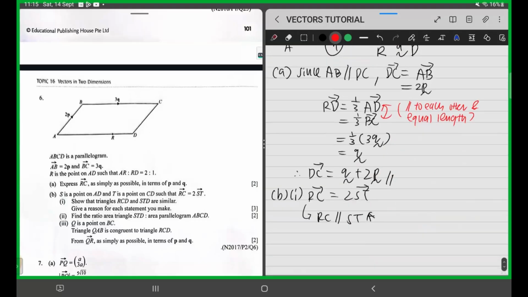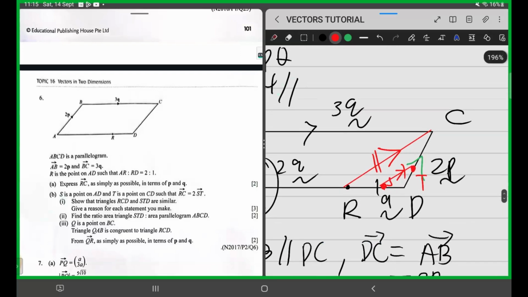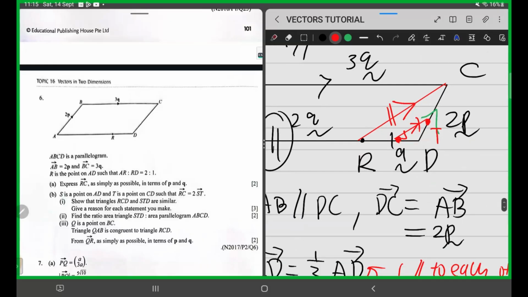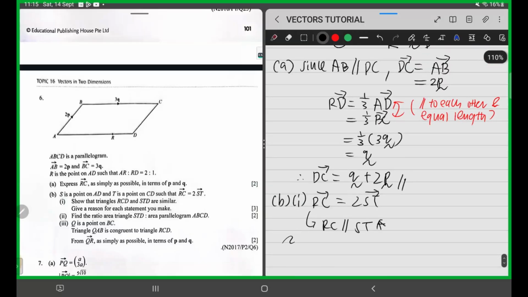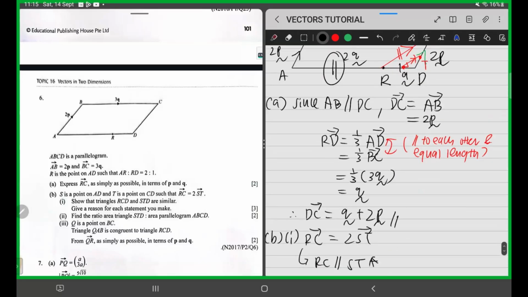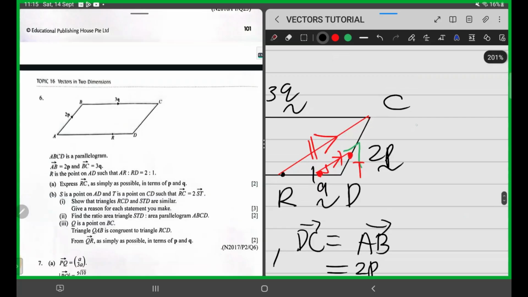So they say, hence, show that RCD, the big triangle over here, and the small triangle STD are similar. Okay, so now go back to your similar triangles chapter. How can you show that they are similar? Okay, I'm just gonna answer II over here so that we can see.